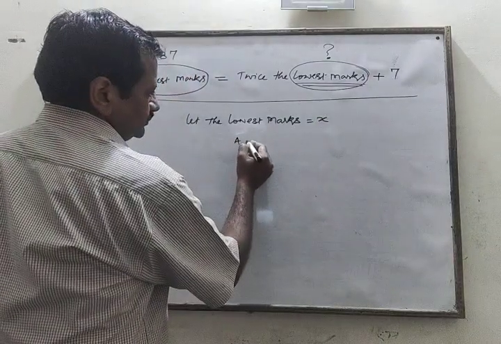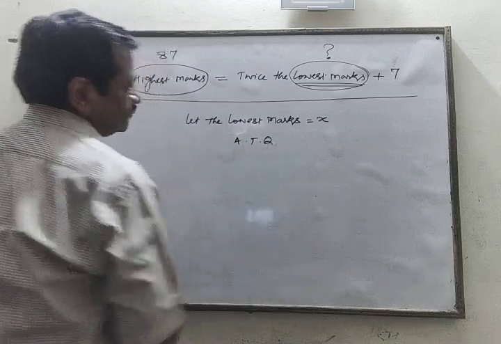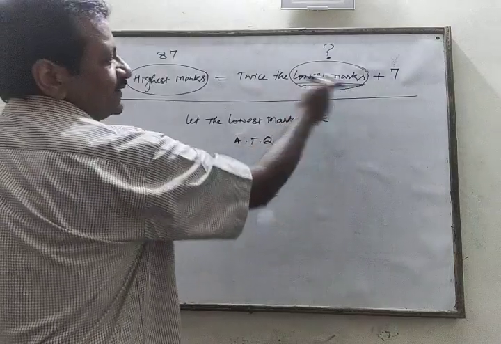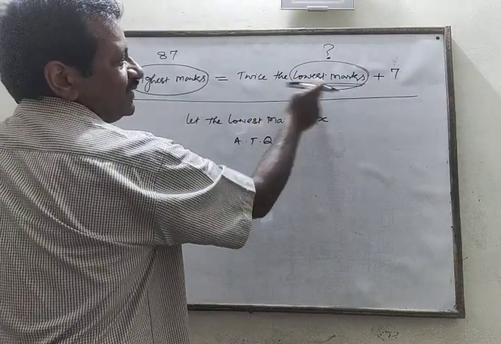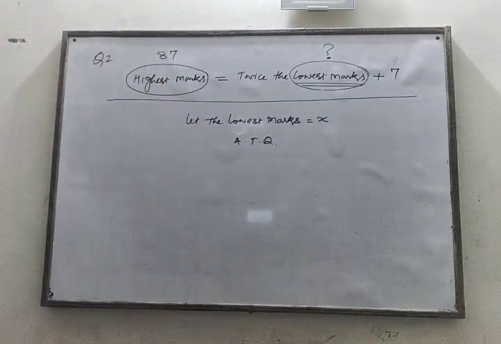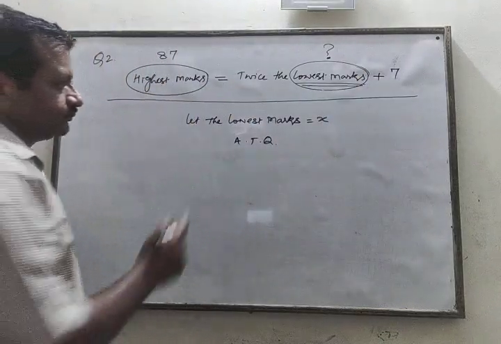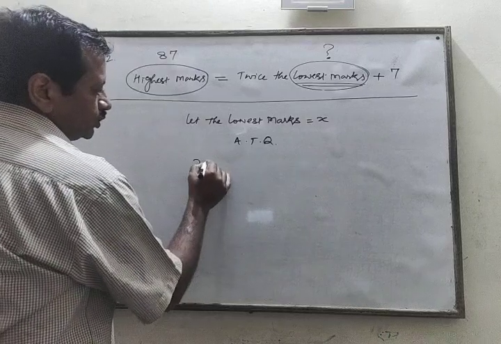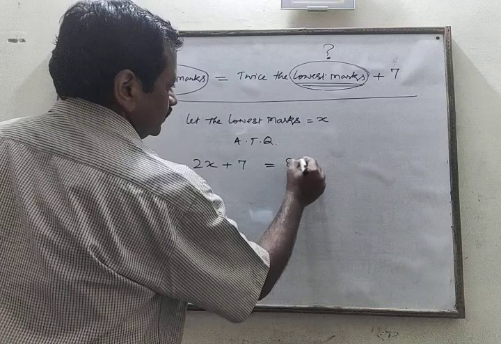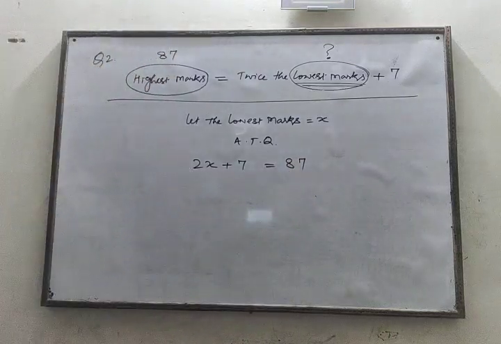According to the question, twice the x, 2x plus 7 is equal to 87.